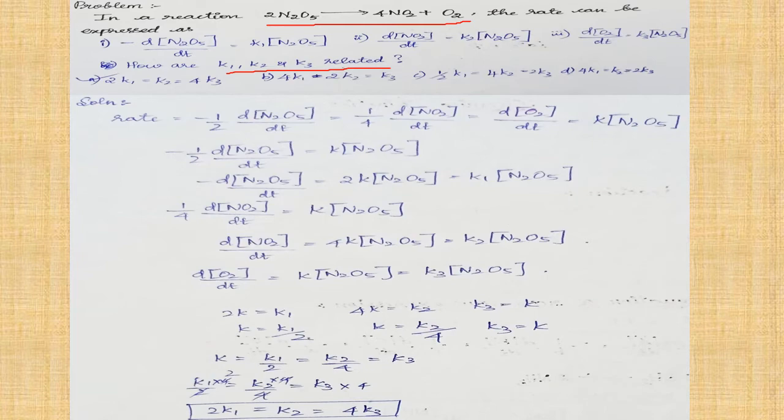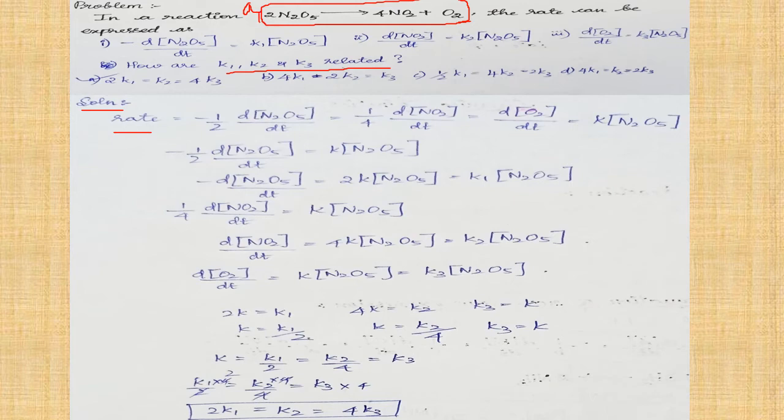See, the solution is, first step, we have to use the rate equation, that is minus 1 by a dA by dt is equal to minus 1 by b dB by dt is equal to 1 by c dC by dt is equal to 1 by d dD by dt. So by using this expression, we have to write the rate equation for this reaction.